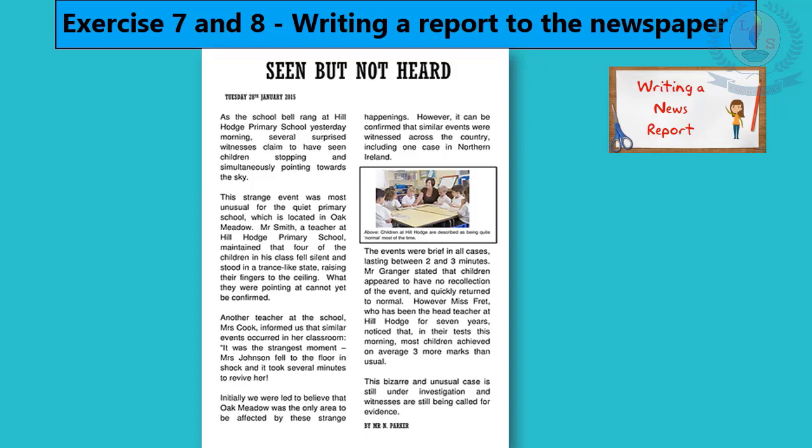There is a picture and caption added, and the report is written in the past tense. You can see eyewitness accounts added into it, and also some descriptions about some unusual happening. Take your time, read this and get an idea about how to write a newspaper report.